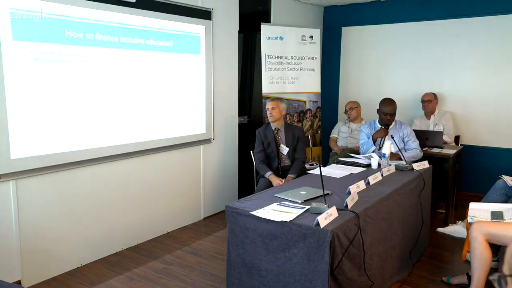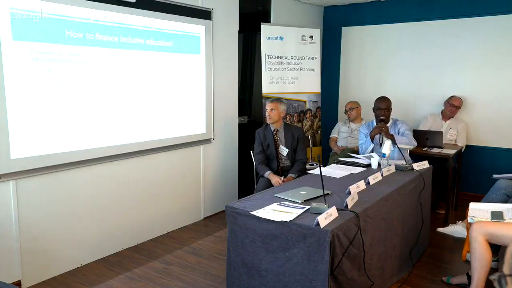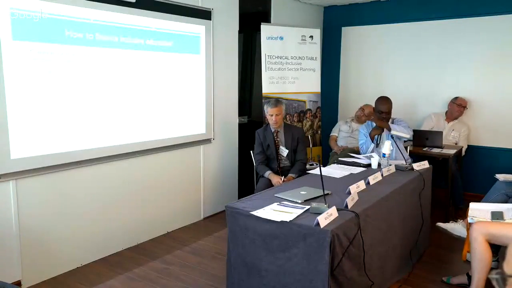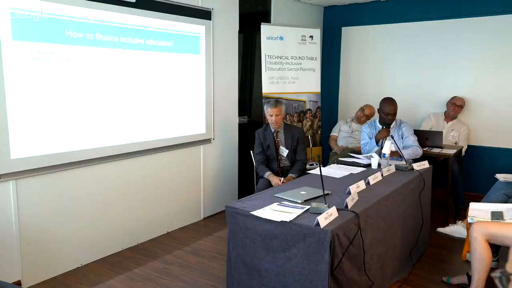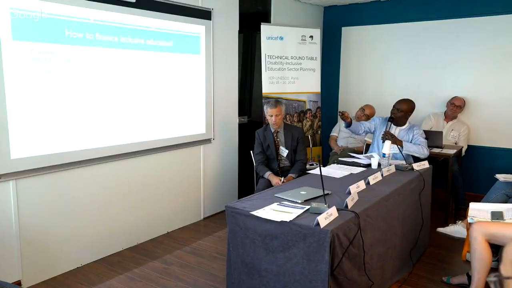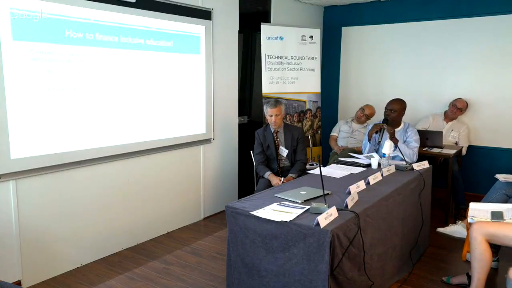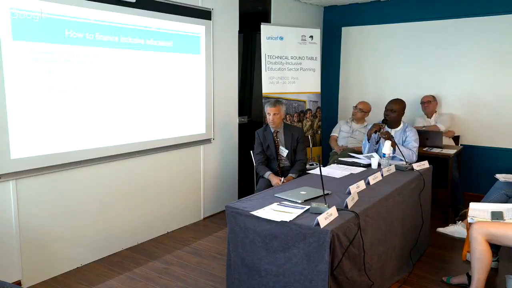I know that there are some possibilities there, and then we can also improve the share of budget allocated to education to reach 6% of GDP. But it's not only this. We need to evolve toward inclusive, responsive budgeting.